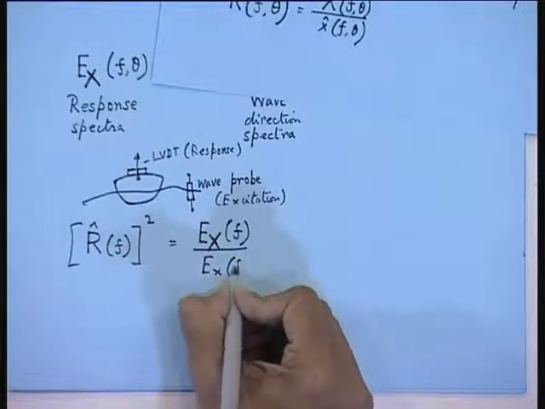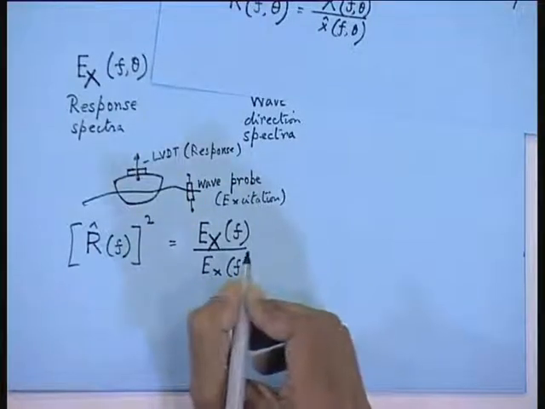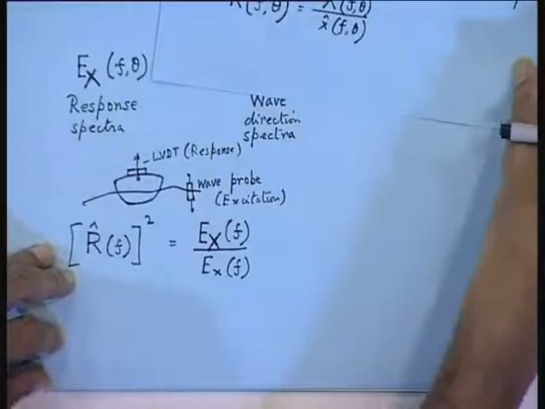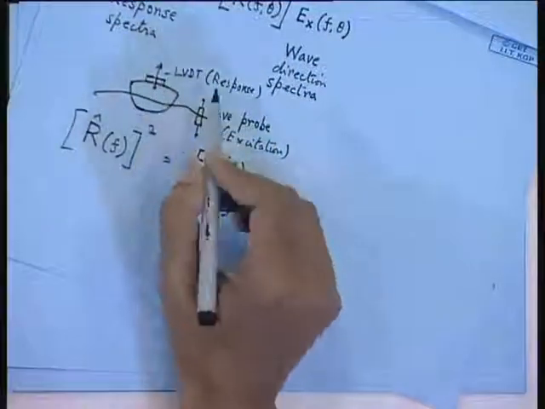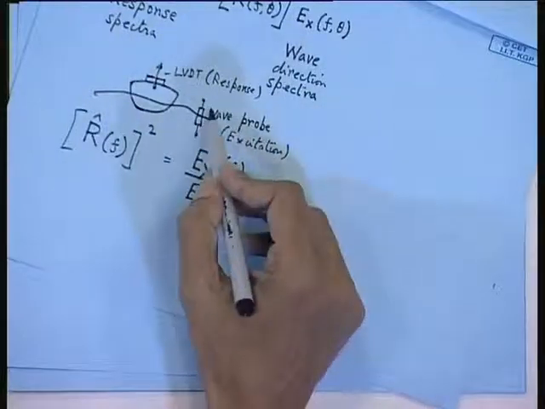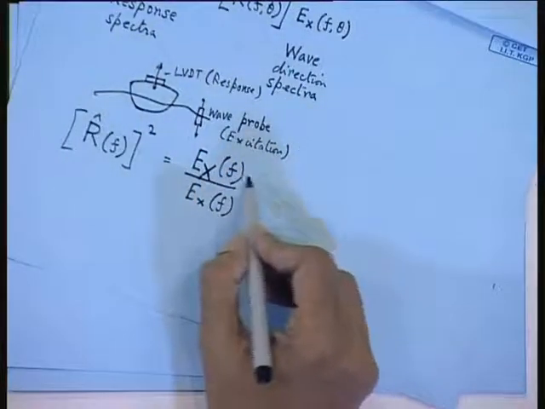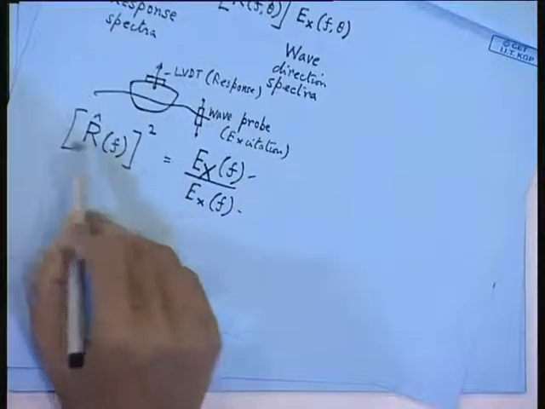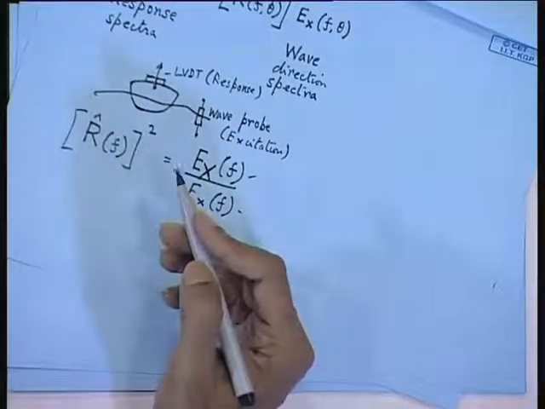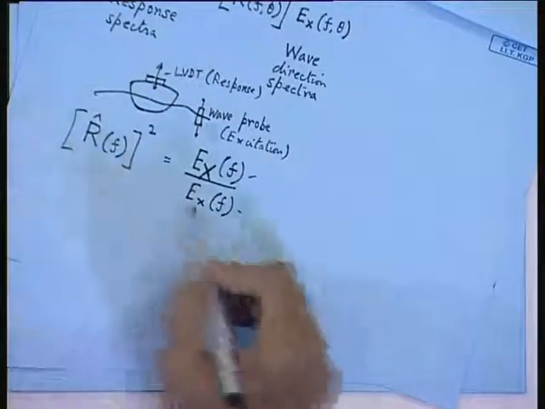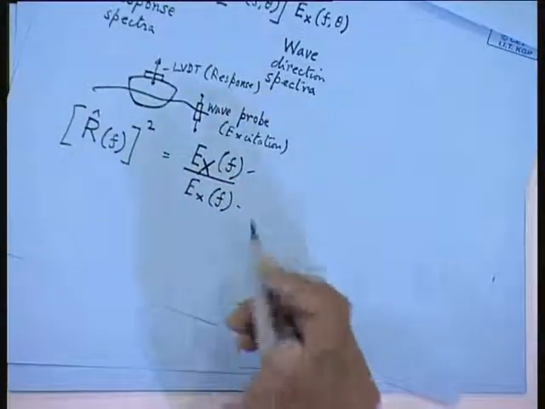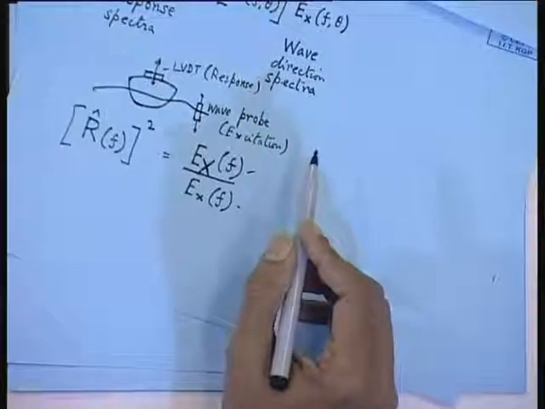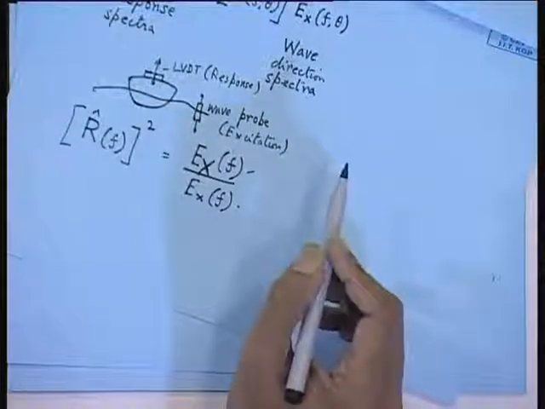You can get it from the sea-keeping tank, sea-keeping basin. Normally you measure the ship response and the wave probe will give you the wave. So, these two spectra you can obtain. You divide this, you get the square of the RAO. Now, from this you can get the square root of this. So, that is how you can obtain the response.